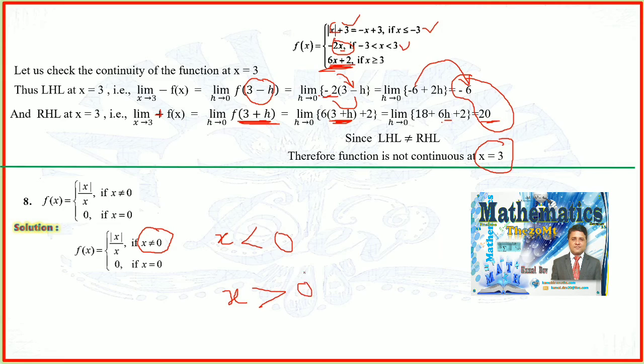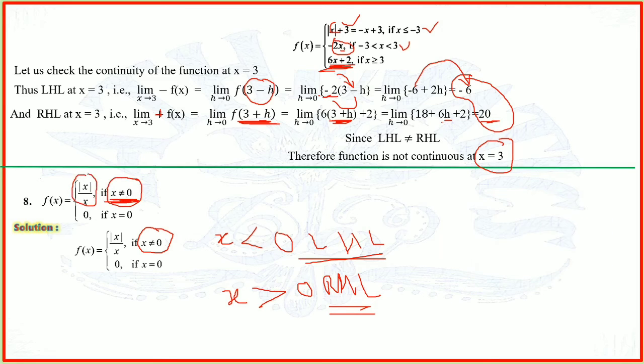What is this all about? This is right hand limit side function's behavior, and this is left hand limit side function's behavior. Understood? So that means if x is not equal to 0, when we take left hand limit, the value of the function will be this only, while when we take the right hand limit, at that point also the function's value will be the same only.